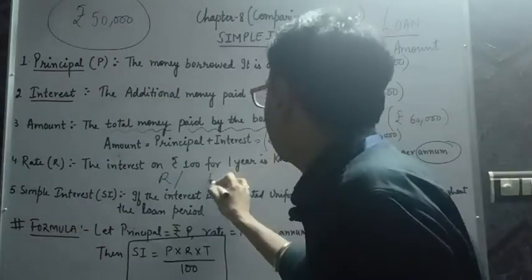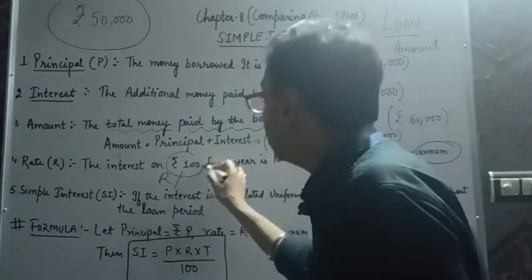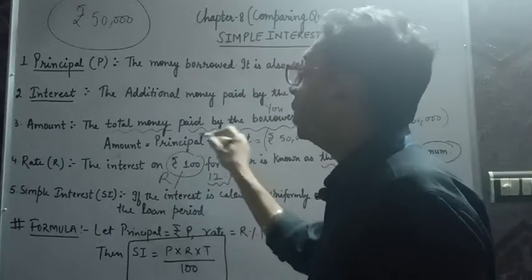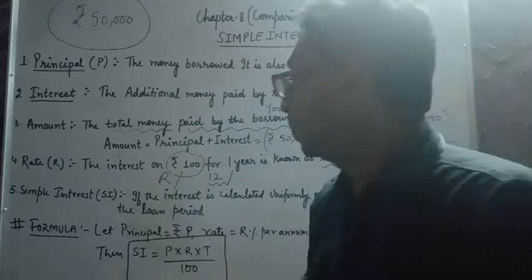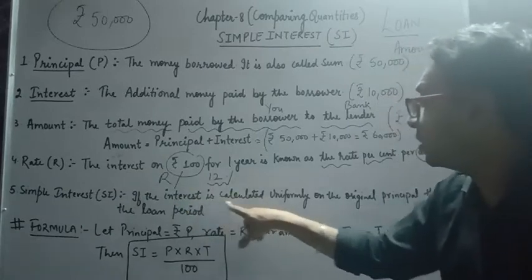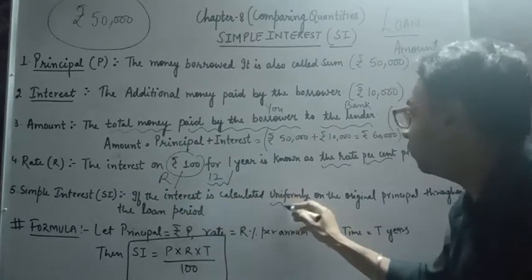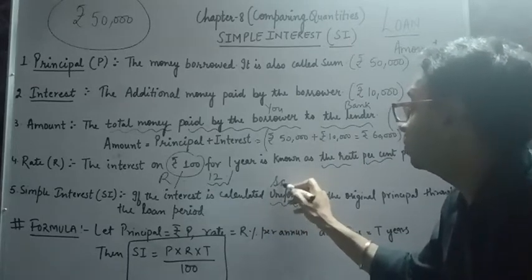For example, 12%. It means, understand, for 100 rupees, you will pay extra 12% for the complete year. Are we clear? That is what interest is. Simple interest, SI. If the interest is calculated uniformly, what do you mean by uniformly? Which does not change, which is same throughout.